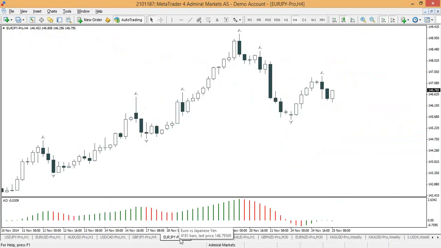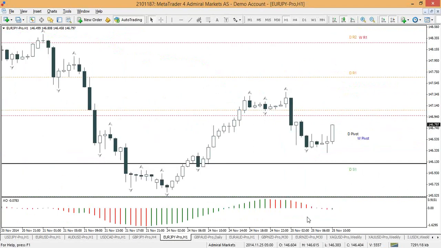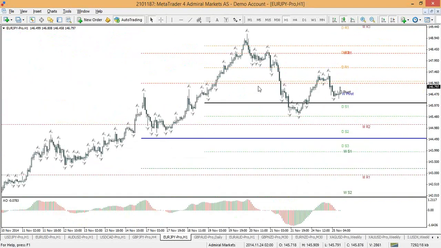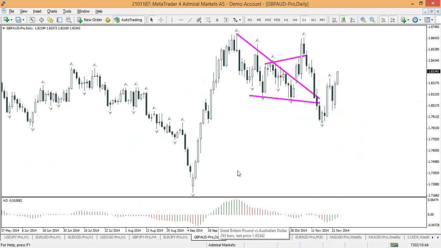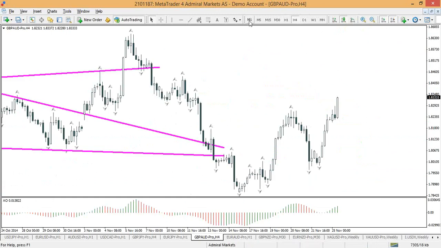What else? Euro yen, not a big fan of it. The correction was pretty deep. Pound odd.